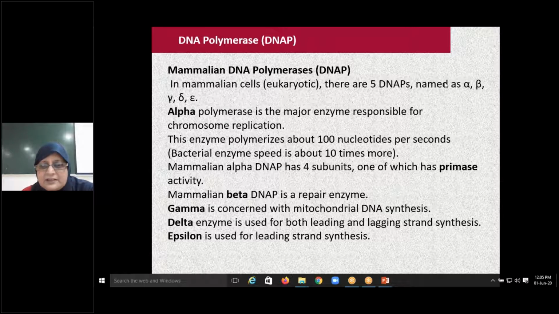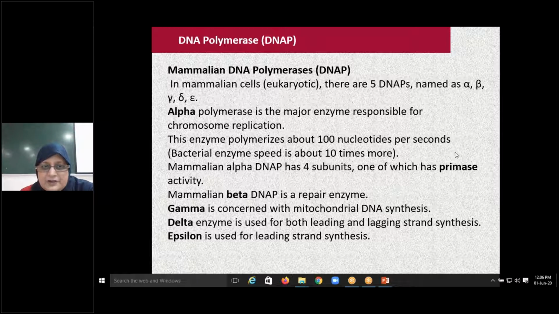Then you have mammalian polymerases also. Eukaryotic DNA polymerases are 5 in number: alpha, beta, gamma, delta, and epsilon. Alpha polymerase is the major enzyme responsible for chromosome replication, and it polymerizes about 100 nucleotides per second.